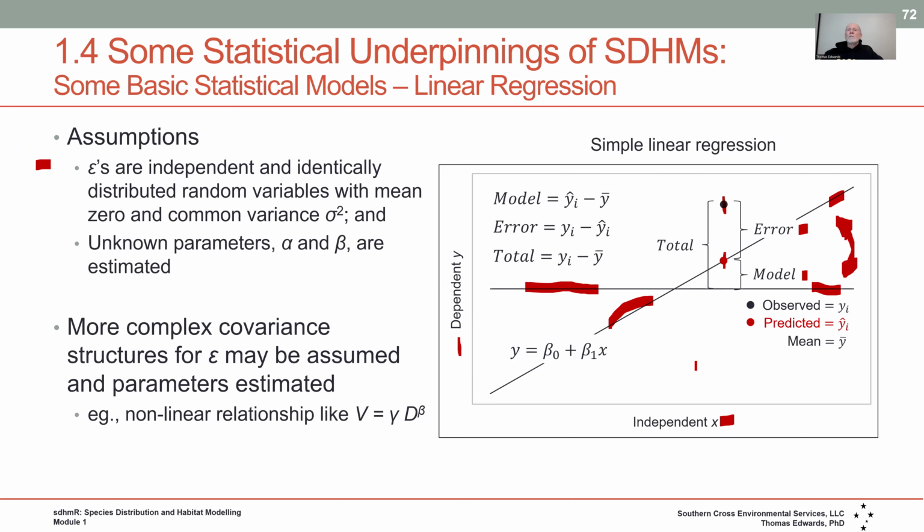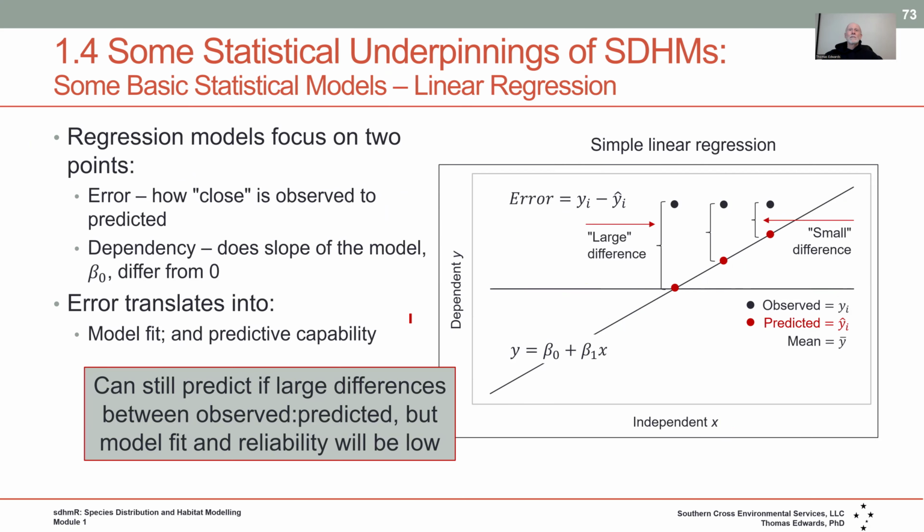Now, the reason I show you this is all of these models have this error component right here. The predicted versus the observed. How it's portrayed depends on the model form. This is a parametric display of error like this.